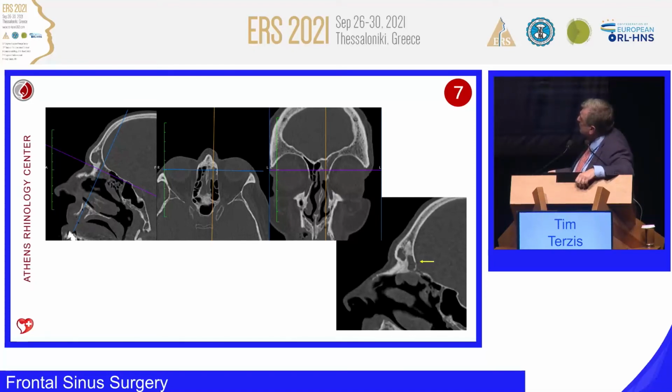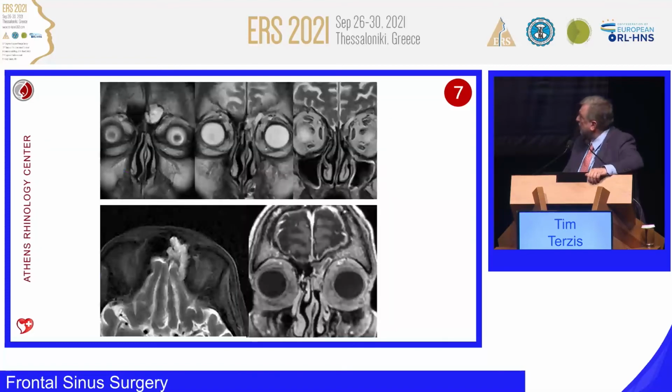Frontal recess obstructed, sinus obstructed. That's the MRI. Polypoid masses, obstructed sinus.